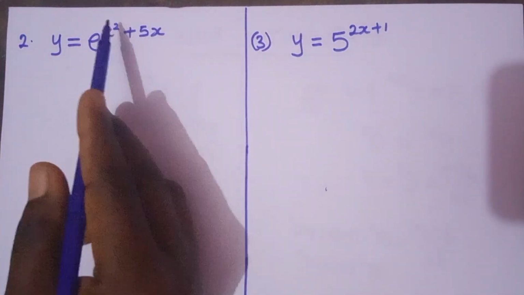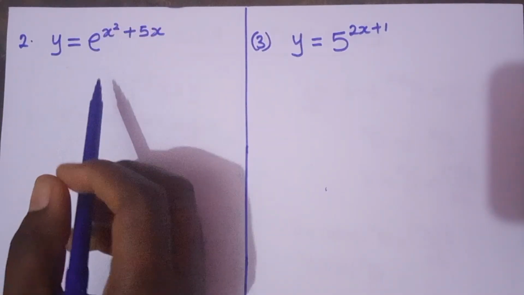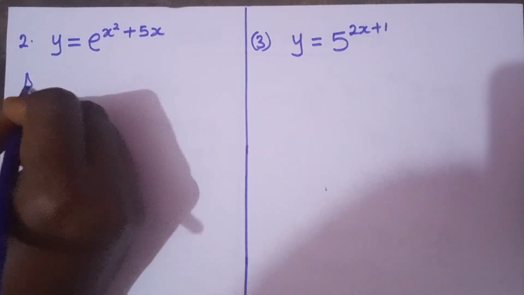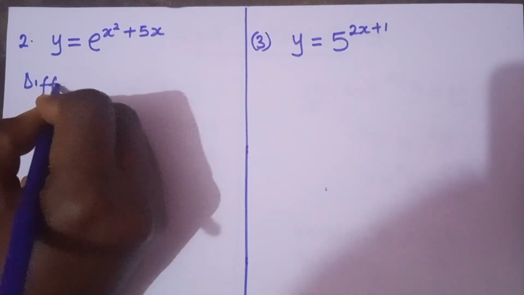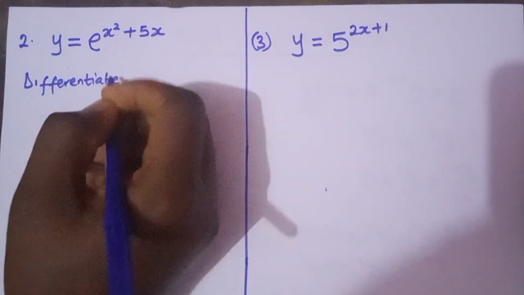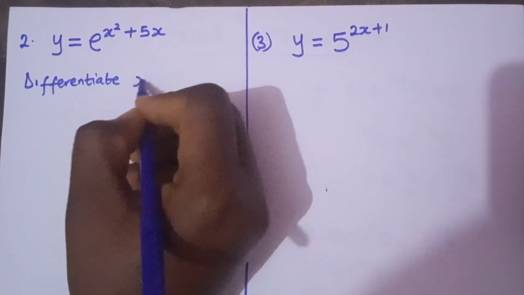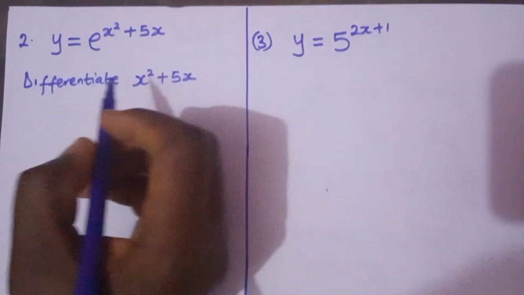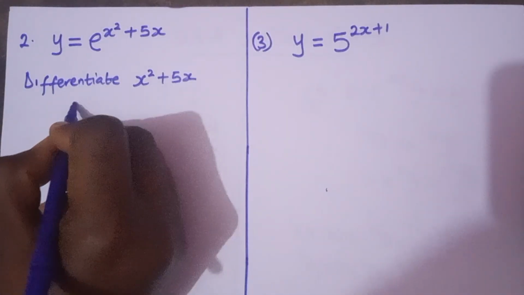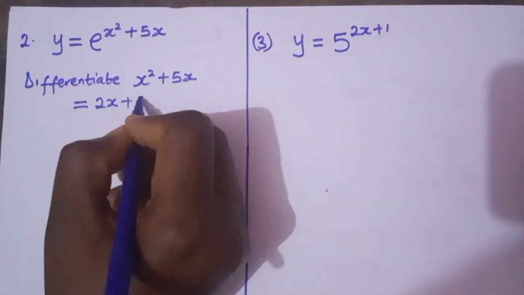You differentiate the exponent, that is the power. Differentiate x raised to power 2 plus 5x. It will give us 2x plus 5.